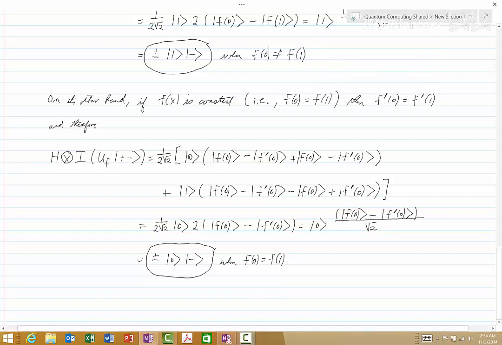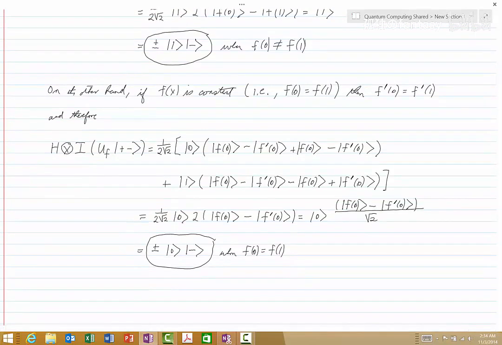So what does this mean? This means that now, if we measure, well, let's maybe say it like this.